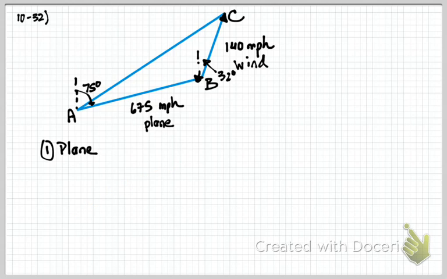So what you might not notice is this vector is, in fact, a triangle. And we can make it a right triangle. The right angle. 675 is miles per hour. Now we have its magnitude, 675.